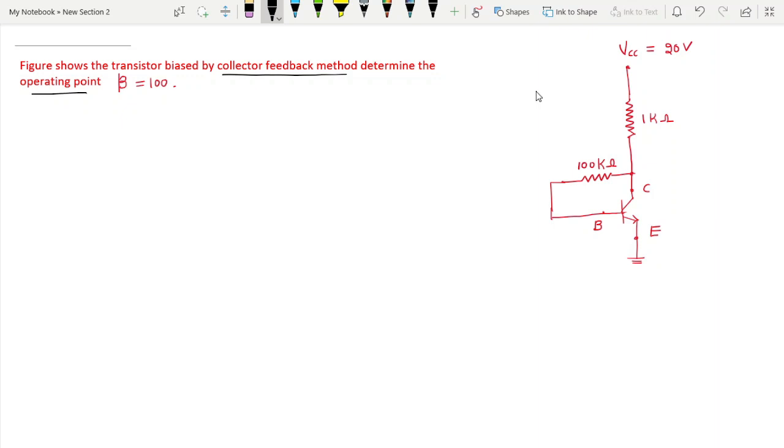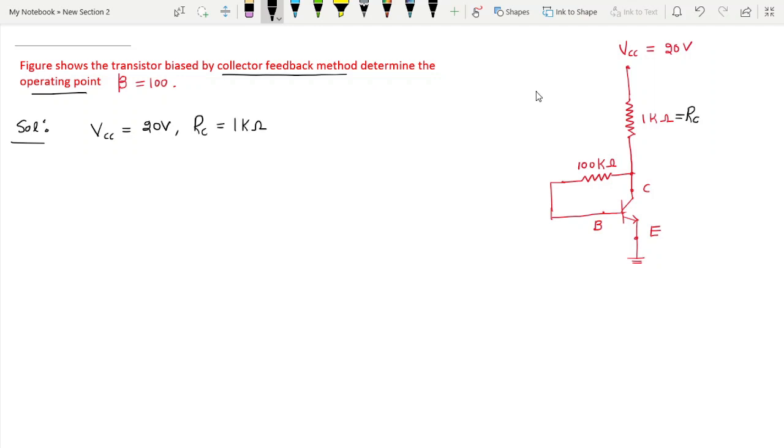First, before that, just note down the given values. The supply voltage VCC is 20 volts, and the collector resistance RC we can take as 1 kilo ohm.